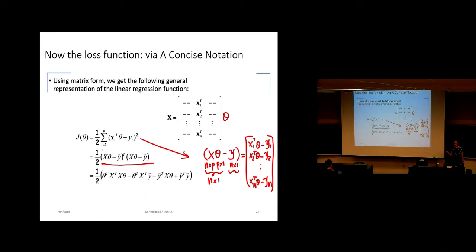This is your loss function formula, your concise notation of the loss function, and now we're going to optimize it. Any questions about this? We all just use this trick.